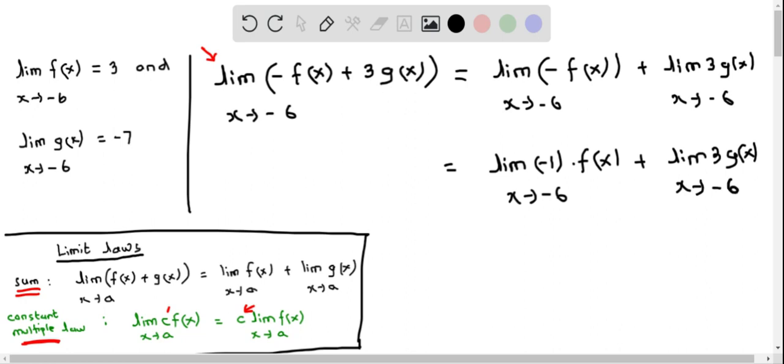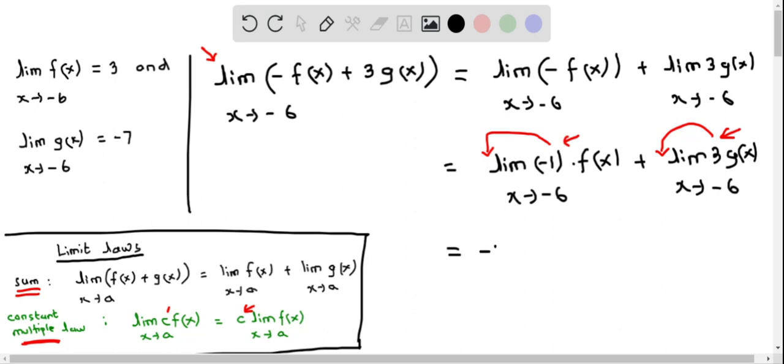Now we are going to use the constant multiple law, which says that if you have to find the limit of a function which is a product of a constant, you can simply factor out the constant. So here we can see that in the first limit we have the constant negative 1, and in the second limit we have the constant 3. So we apply the constant multiple rule, which means these two constants will come in front of the limit.